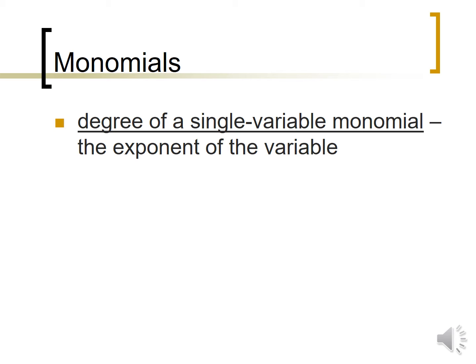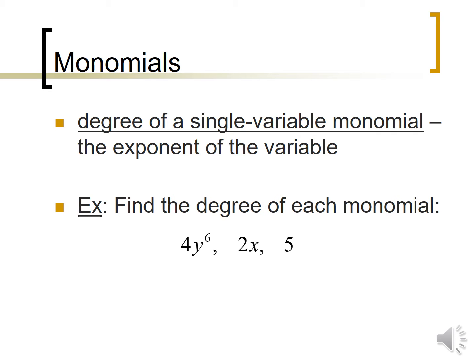The degree of a single variable monomial is just the exponent of the variable. Another way to think about this is that the degree is the number of that variable multiplied together in the problem.